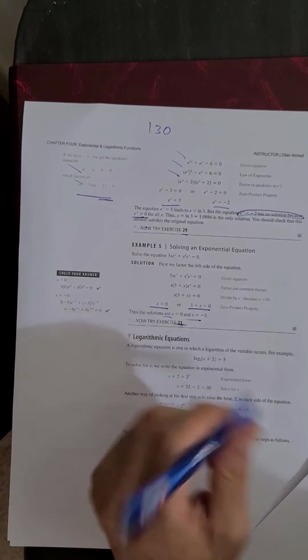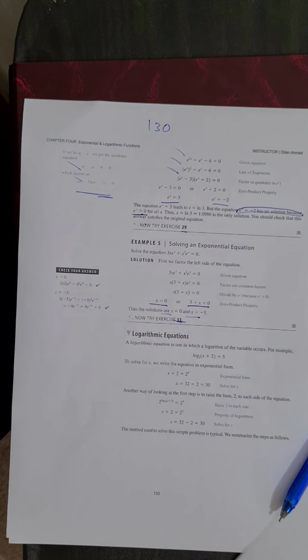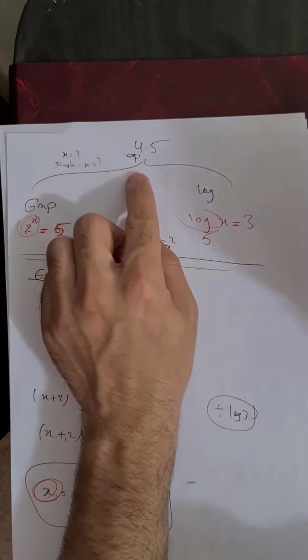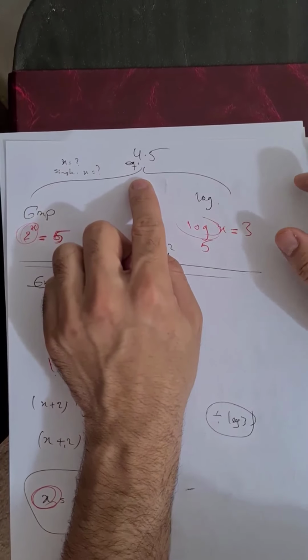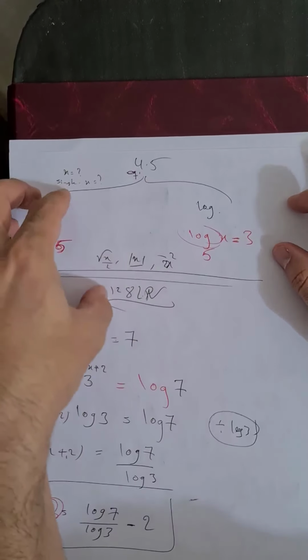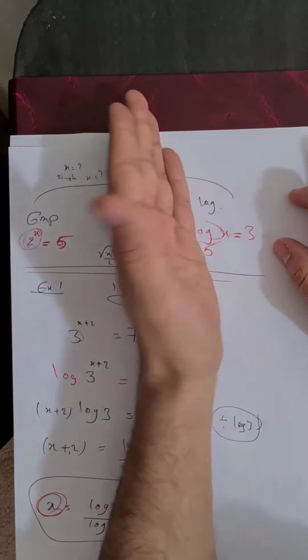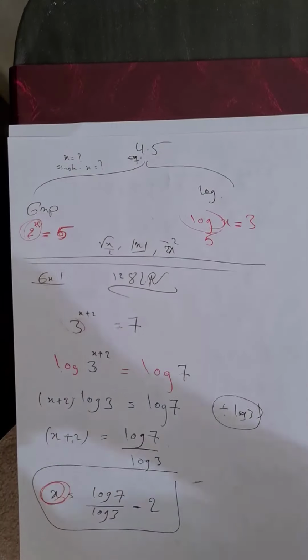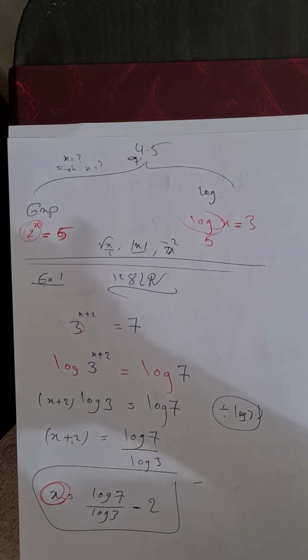So let's try to solve the other exercise. This is the part of logarithmic and exponential functions. As I mentioned in the beginning of the section, in 4.5 I said that we have exponential equations and logarithmic equations. So we finished the first part of this section.